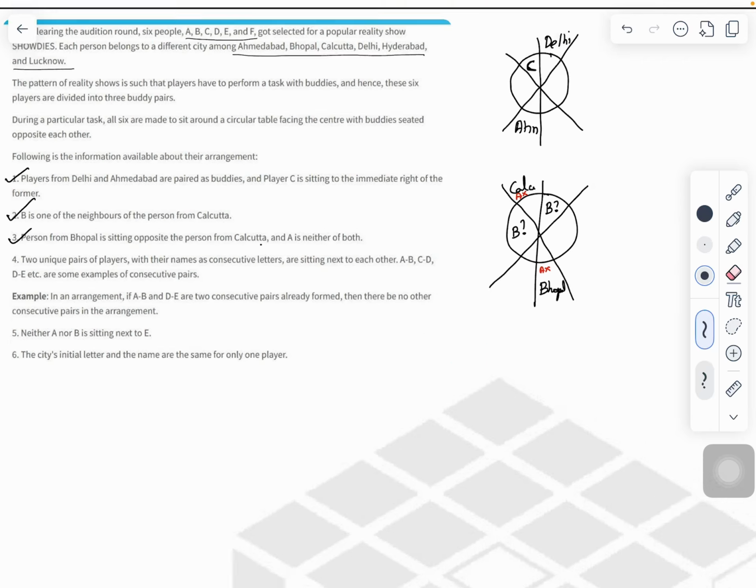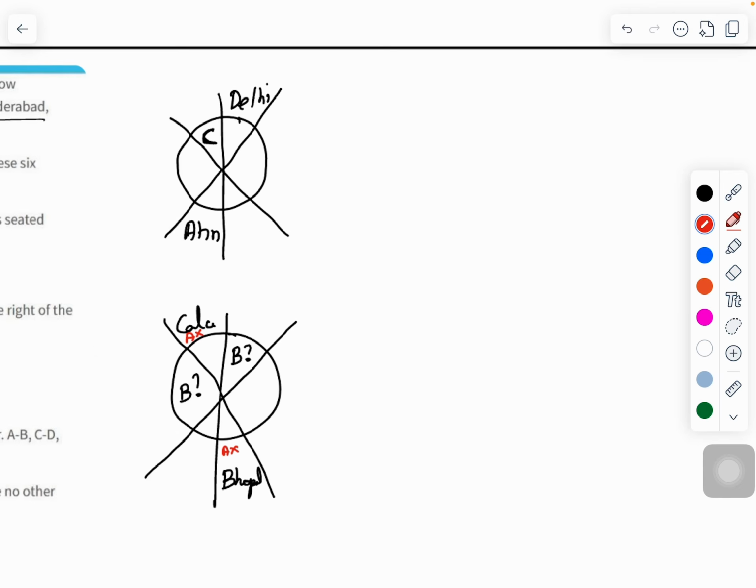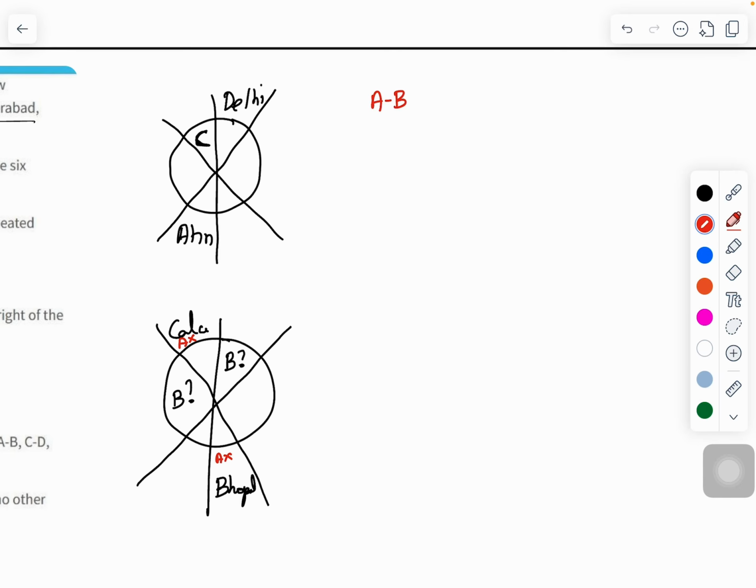So what are the possibilities? Let's say AB is a consecutive pair. With AB, can we get BC? No, if BC is another consecutive pair, then they will not be a unique pair, because AB also has B and BC also has B. Therefore it is not unique. So if AB is one pair, then CD could be another pair, or DE could be another pair, or EF could be another pair.